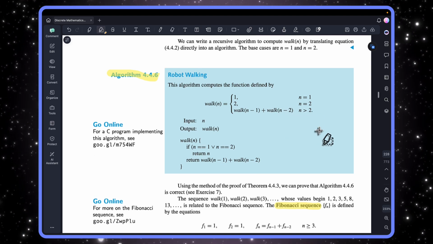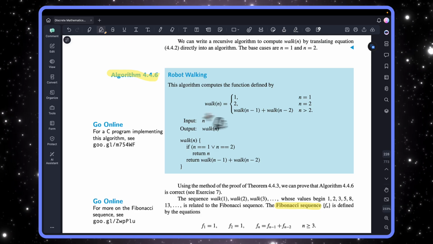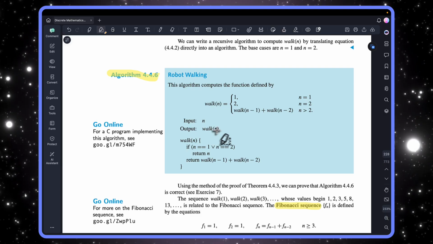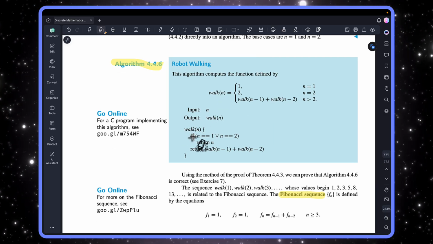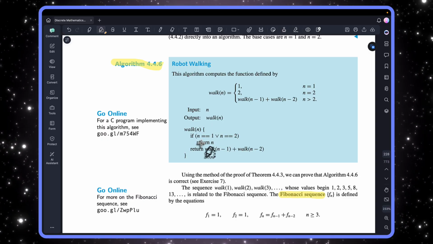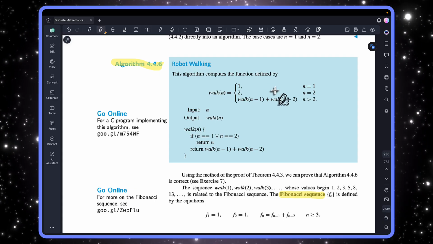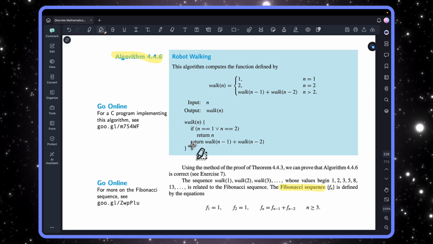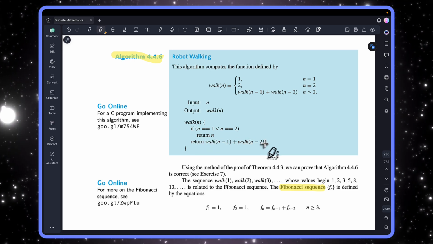So we input n, and the output is going to be walk(n). If n equals 1 or n equals 2, we just return n, because that's what we want. Otherwise we return walk(n-1) plus walk(n-2).